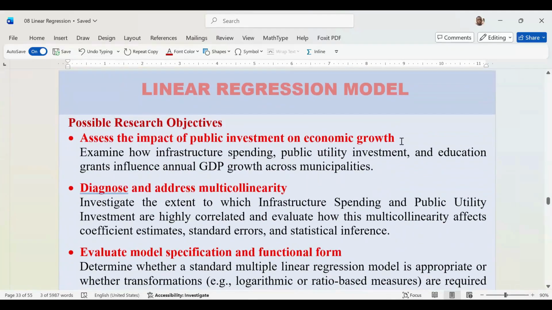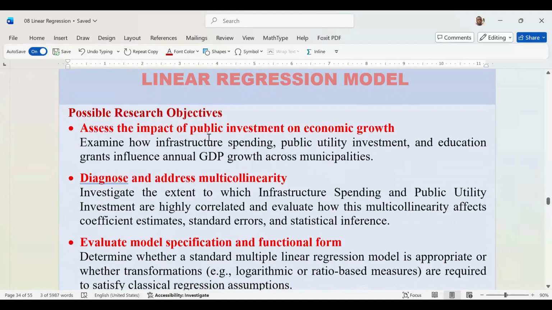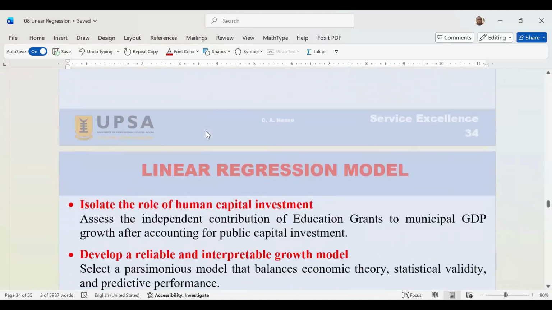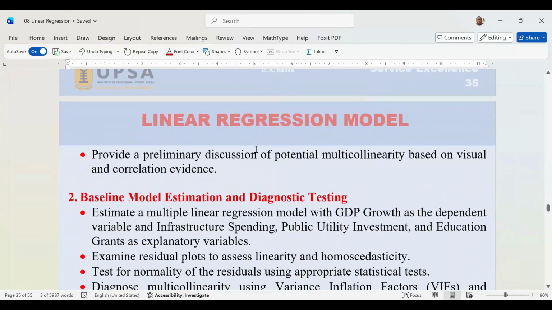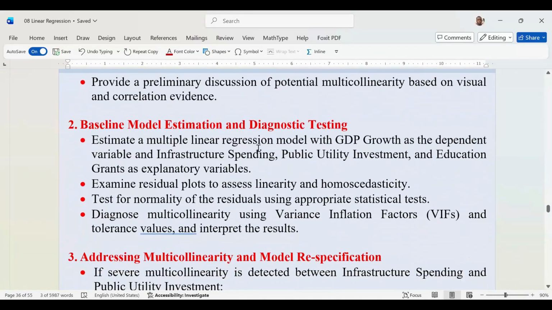So what do we want to do? These are the possible research objectives you can have for this work. Then the task, first of all, you want to do a data analysis and visualization, which I told you how to do.